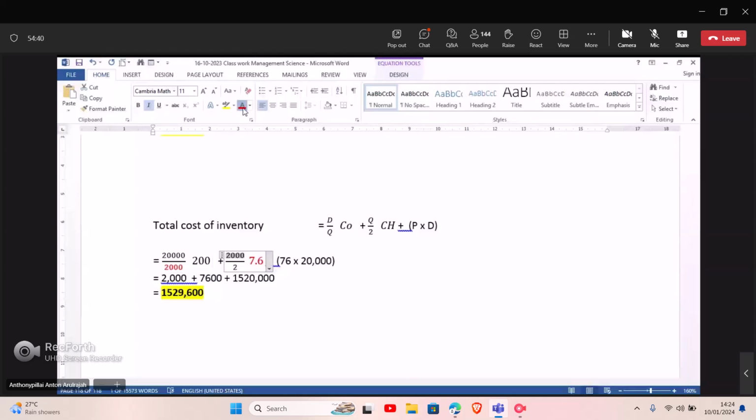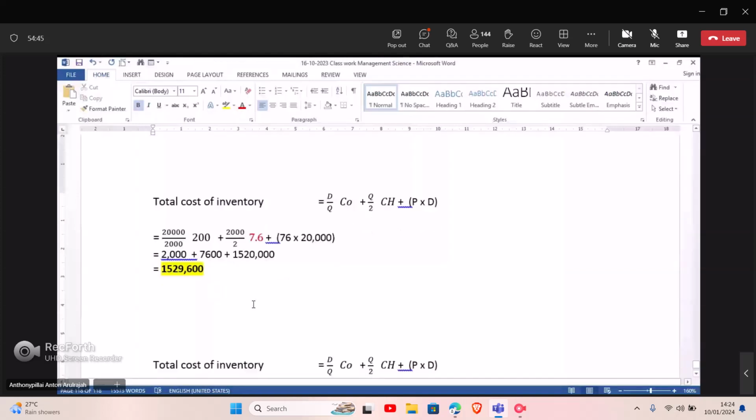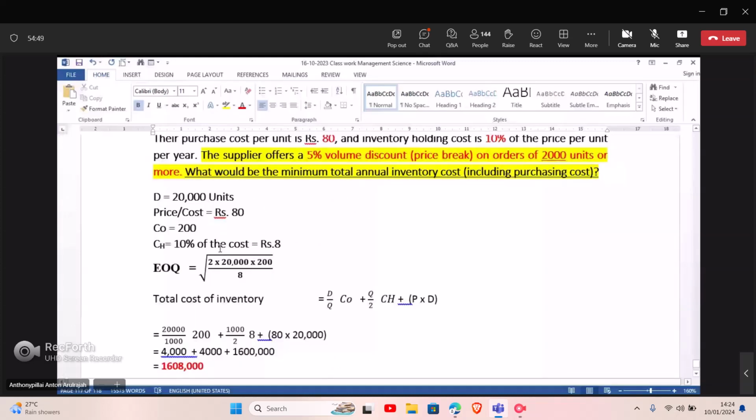In the discount case, the price has a 5% discount. 5% divided by 100 multiplied by 80 is 4 rupees discount. So the actual price is 76.